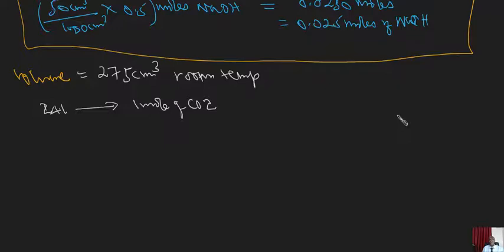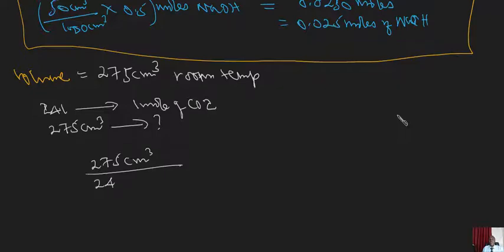You want to know our volume, that is 275 centimeters cubed, and how many moles are there. Again, simple proportions. This is 275 centimeters cubed divided by 24 liters. You also have to express it in terms of centimeters cubed so that the units can cancel.